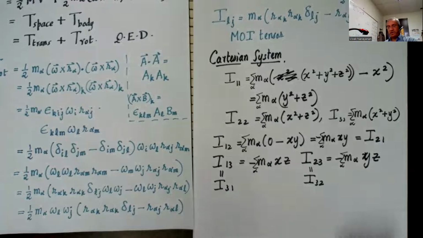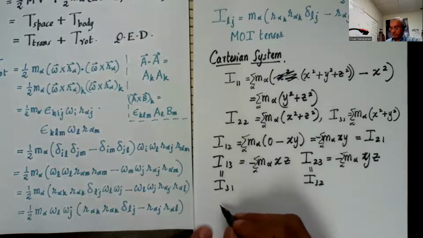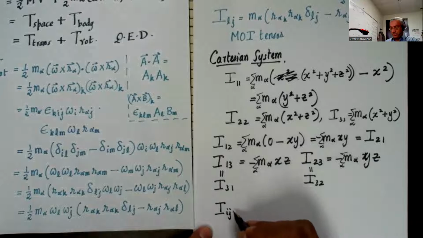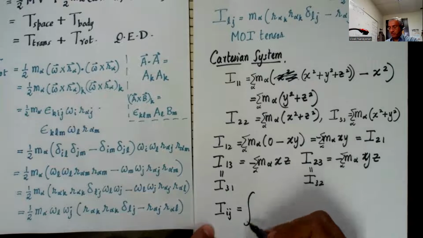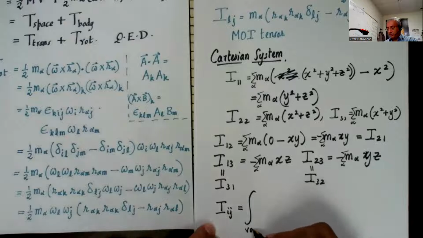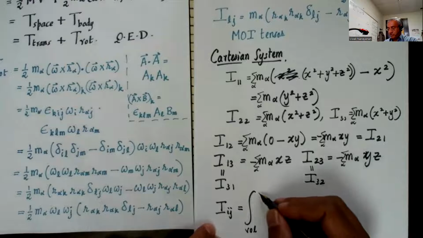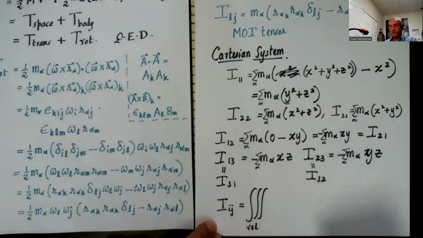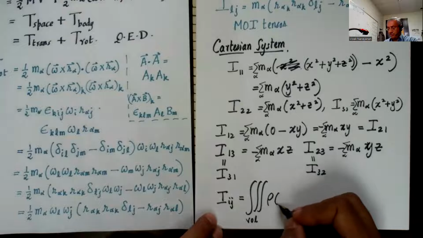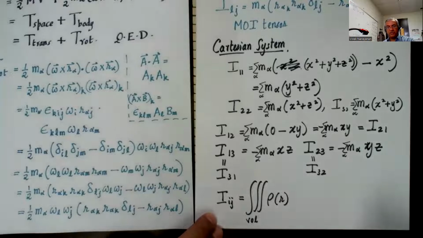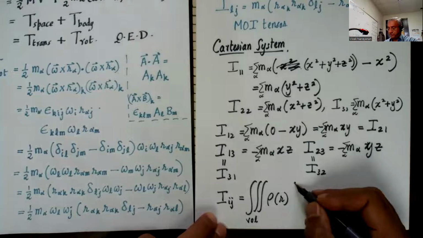So we have to integrate if you're given a density. The most general expression is the integral over the volume. It's a triple integral, so I'll just draw three integral signs. The density function, which can be a function of r, so it can be a complicated density function.